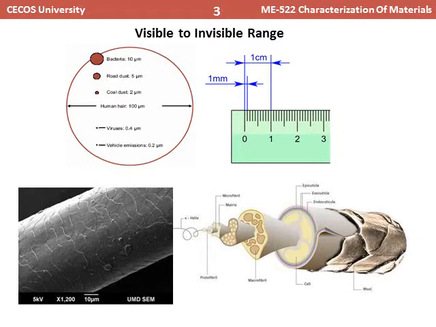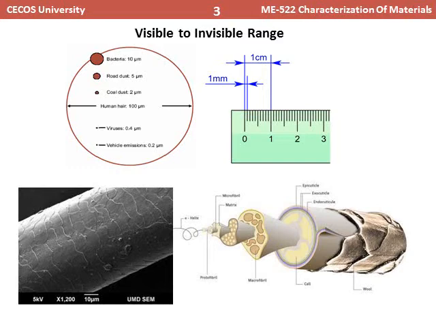So let's assume this circle represents the diameter of a normal human being's hair. The bacteria, which is the size of 10 micrometer, will be a shaded red ball, and definitely the size of the red shaded ball is much smaller than the size of normal human being hair.